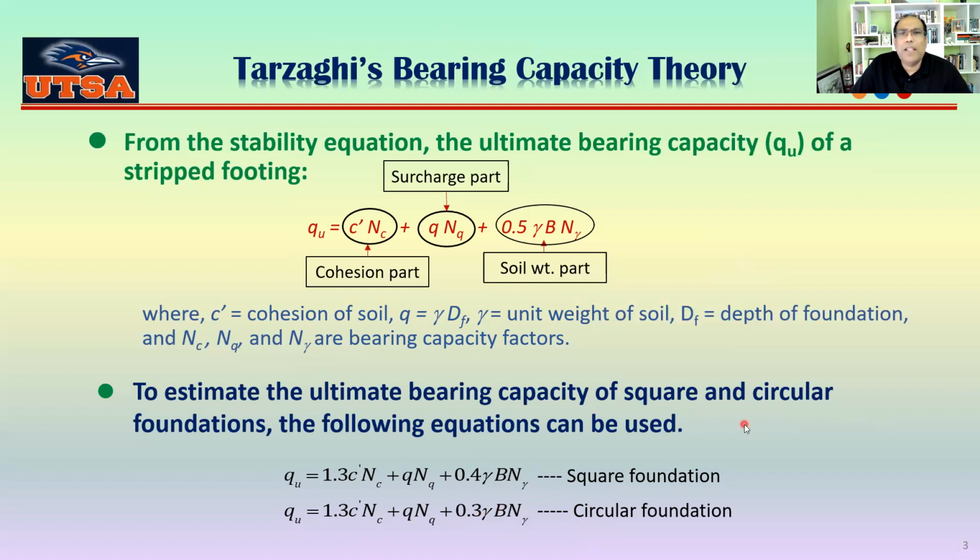But the problem is the foundation can also be rectangular or other shape, which is not covered in this equation. And also the foundation could be such that there is inclined load, and this equation cannot handle that.